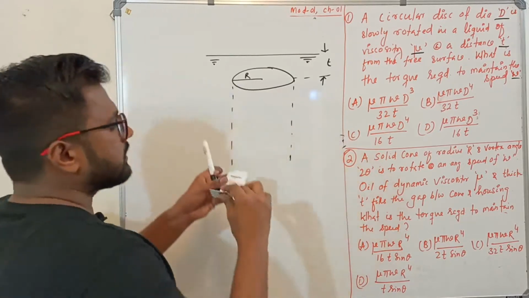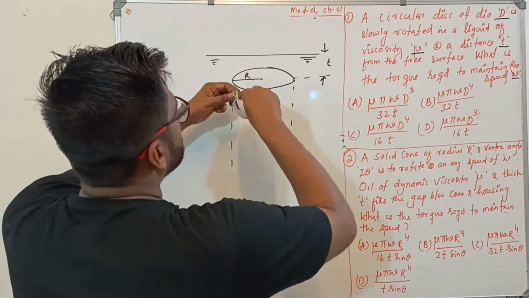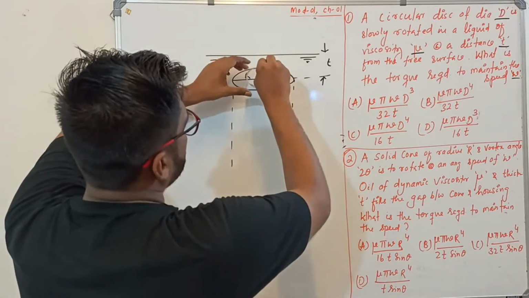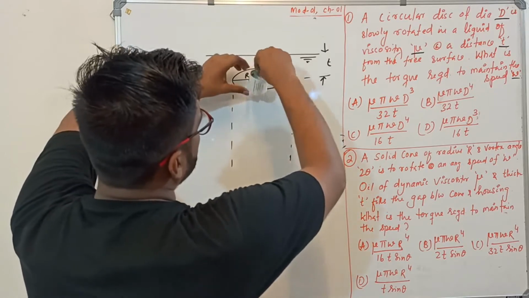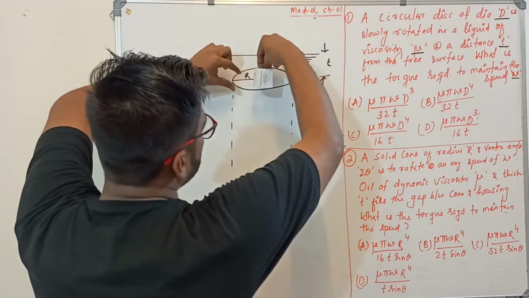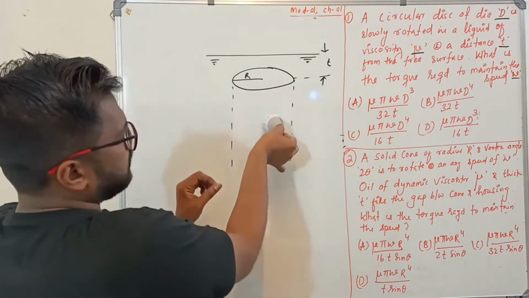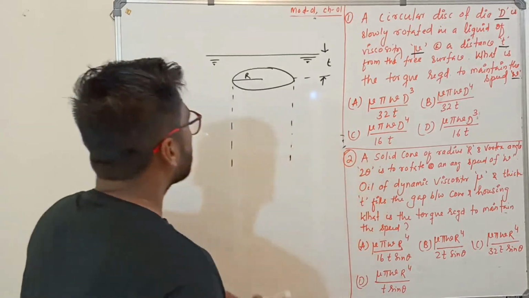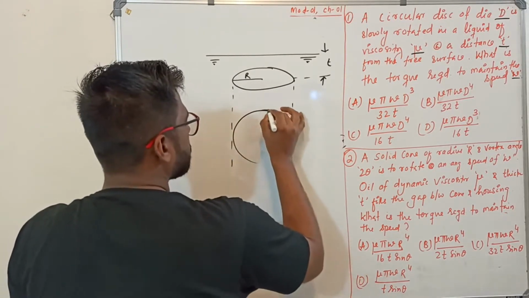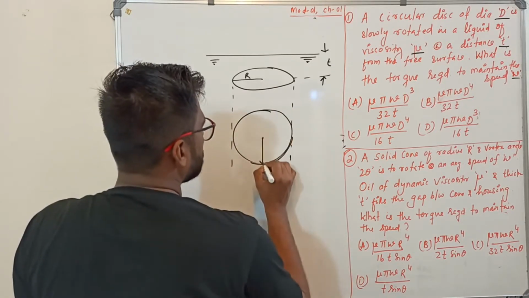So this particular disc is like this. In its projected view, this is the circle, and it has a radius r.